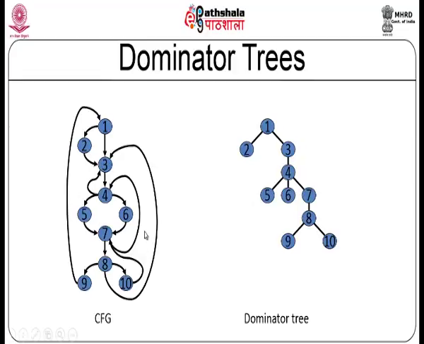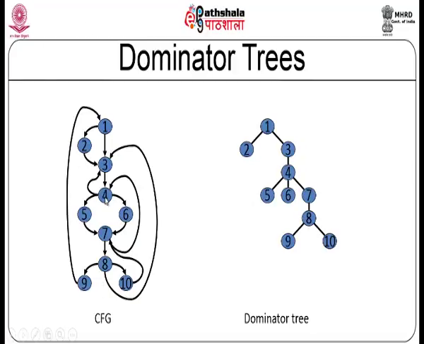Not only that, but let us leave that particular point as it is. In order to come to node 8, I have to necessarily come through 7. Therefore, I can say 7 dominates 8. Now, in turn, 3 dominates 7. Therefore, 3 dominates 8 also. That is what we are trying to look at as the transitive property.